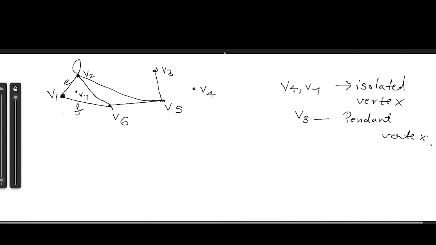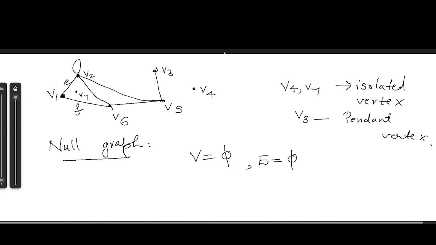Okay, so this is the method of identifying series edges. Next, another definition, null graph. Usually we know a graph contains vertices and edges. If the vertex set is empty, then automatically the edge set will be empty.